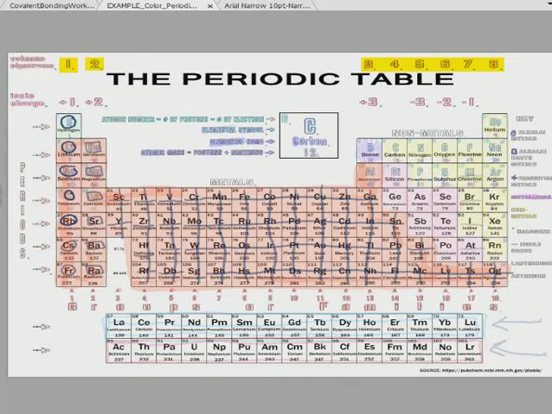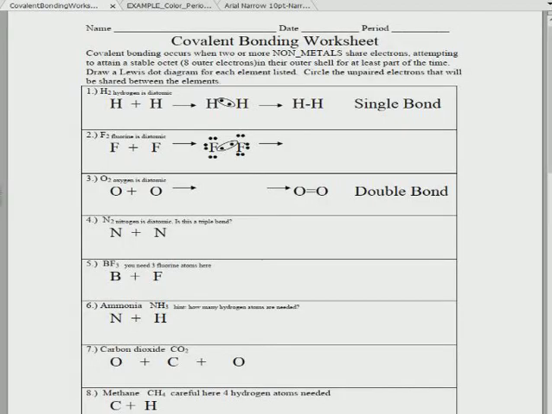And now let's head on over to our worksheet. For this worksheet, I want you to work on creating Lewis dot structures. For number 3, for oxygen, you have 6 valence electrons, 1, 2, 3, 4, and then we're going to double bond it.